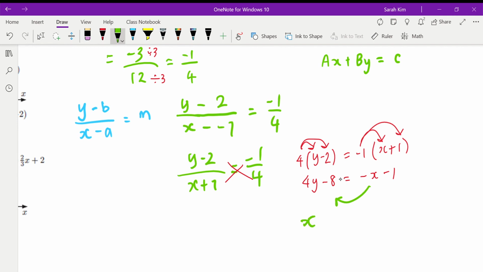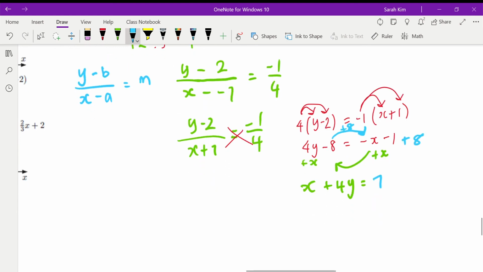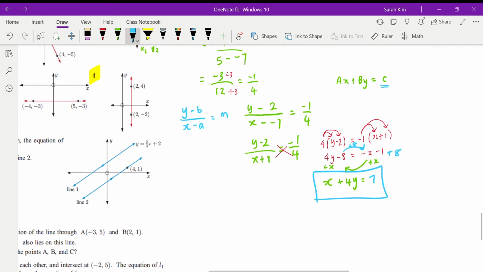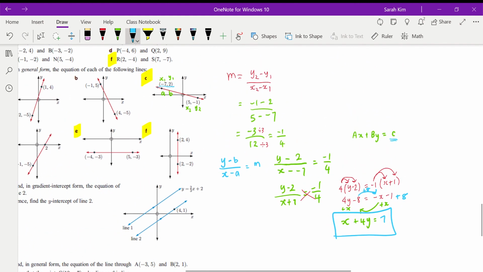I add x to both sides, and then I've got my plus 4y. Then I move this 8 onto that side because I want all the constants on the right hand side. So I go plus 8, and -7 plus 8 is 1. So here's my general formula. That's the answer for C.